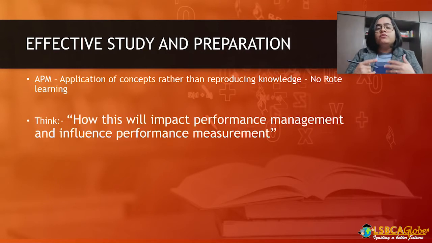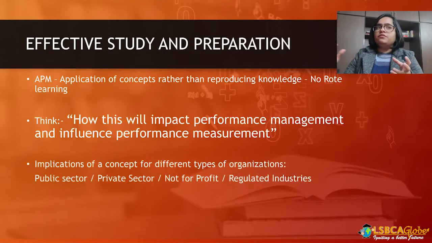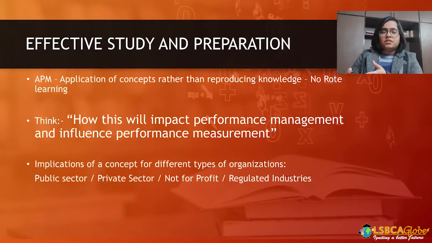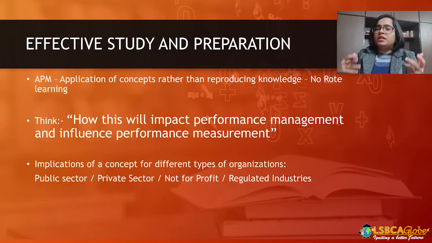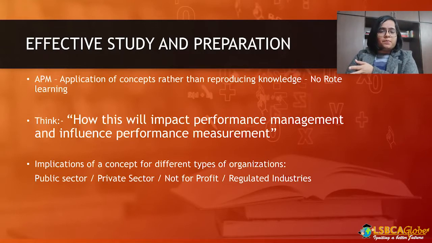Also, you have to think about the implications of a particular concept for different types of organizations. For example, public sector organizations, private sector organizations, not-for-profit organizations, or regulated industries. A particular concept will have different implications for all these different types of organizations.